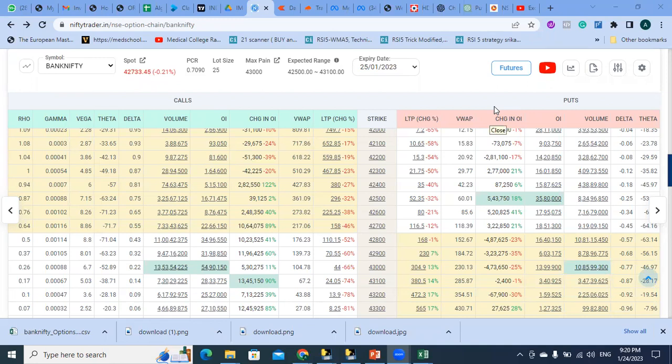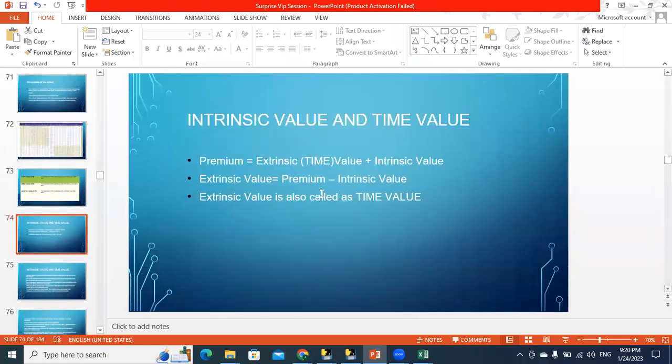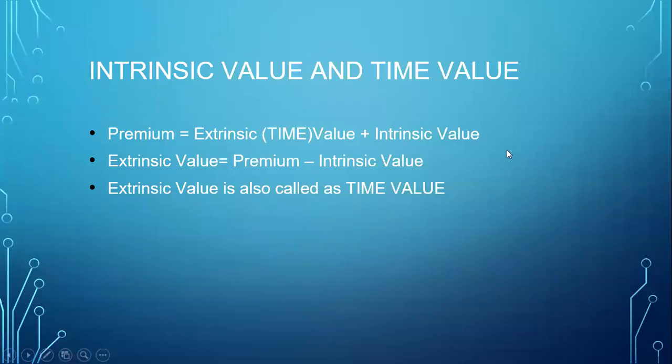Okay. Now, yesterday we saw something called option Greeks, and during that we learned that the option premium is decided by two things. One is the intrinsic value, which is the inbuilt value of the strike price based on how far the strike price is from the current market price.